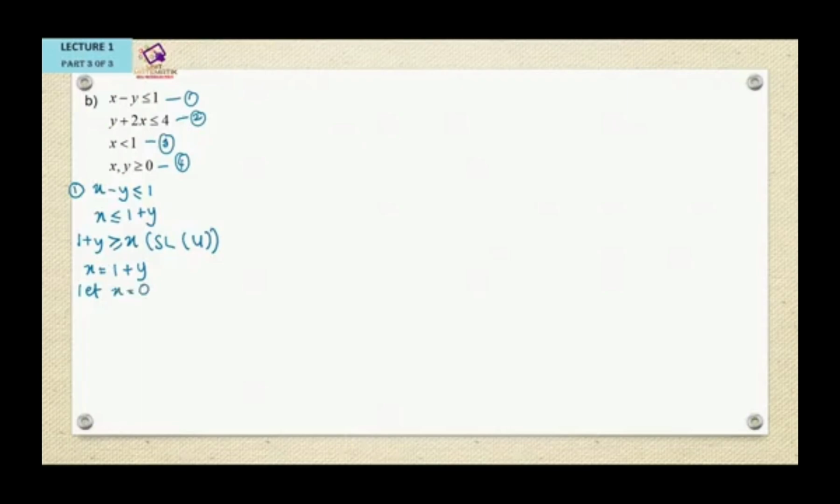Let x equals 0, 1 plus y equals 0, y equals negative 1. So (0, -1). Then let y equals 0, x equals 1 plus 0, so x equals 1. So (1, 0). So this is for the first inequality.